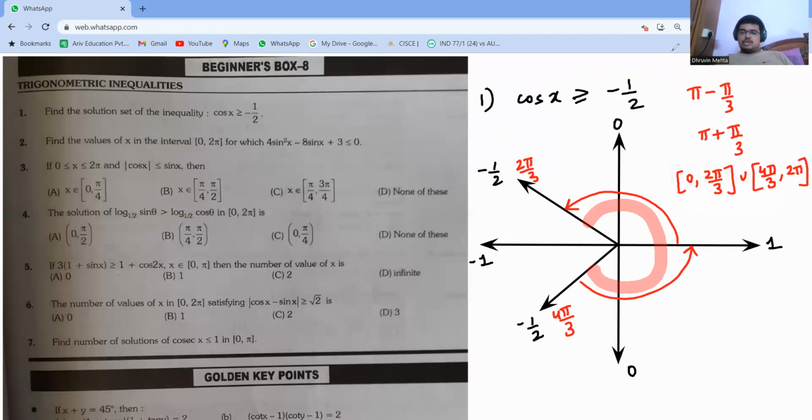Are you following this, Muskan, Trisha, Arush? Obviously you have to understand that there can be multiple answers, because when we move in the second rotation, 2 pi gets added to everything. So that has to be decided on the basis of options that you get. Over here there are no options, so I'm just writing this much. But if you have some other options, then we have to choose the correct answer based on the options.